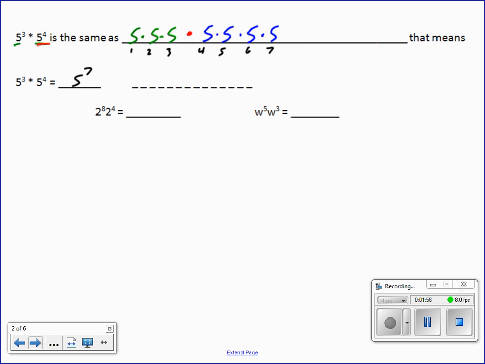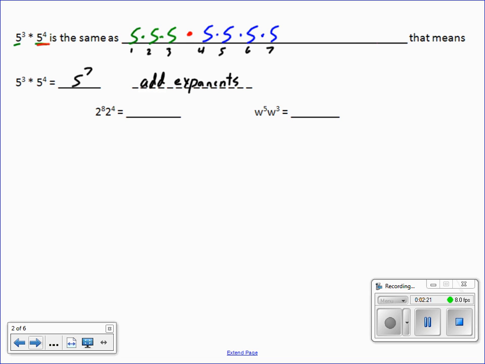If I look at this, all I really need to do when I'm multiplying the same base is add the exponents. The base has to be the same, so I get all 5s. When the base is the same, and I'm multiplying two numbers in exponent form, I can just add the exponents.